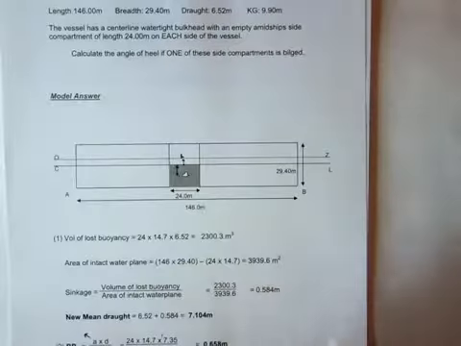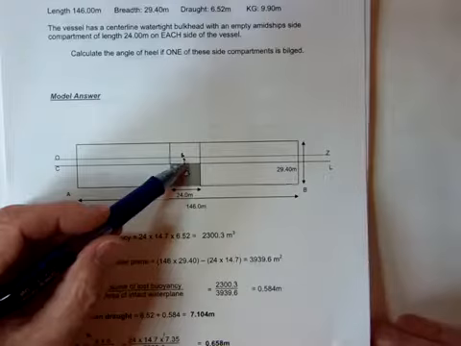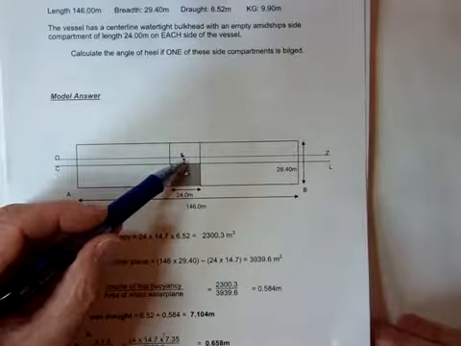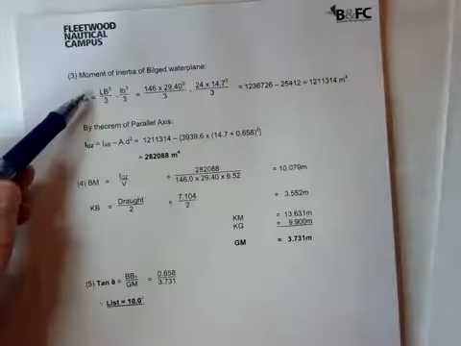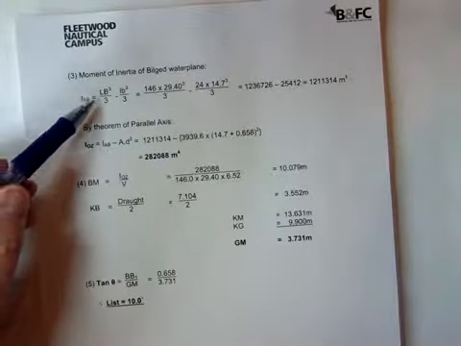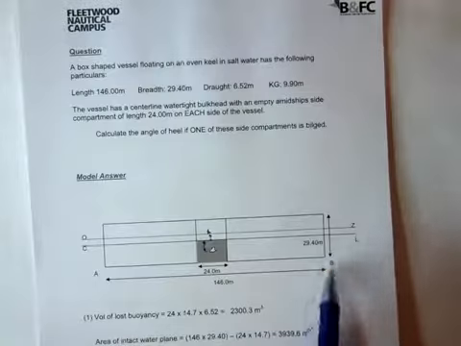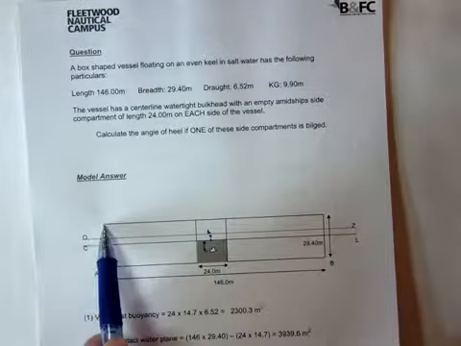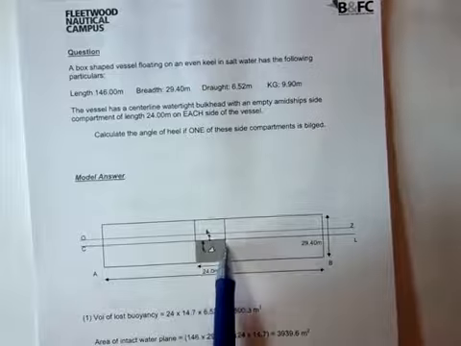So now we've got the first part of the formula, B to B1, to work out the angle of list. Now let's turn our attention to working out the GM of the vessel. So the moment of inertia of the bilged water plane is lb cubed over 3 minus lb cubed over 3. What that means is length times breadth cubed over 3 minus length times breadth cubed over 3.